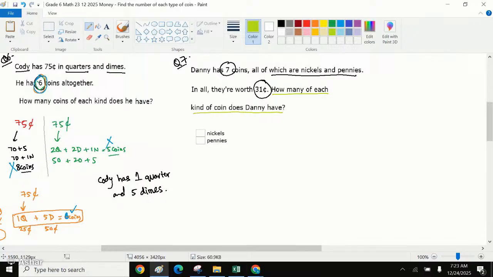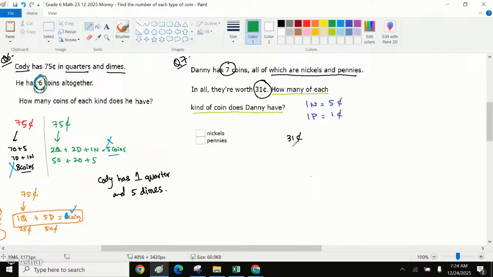So we need to write the number of nickels and pennies over here. We know that 1 nickel is 5 cents and 1 penny is 1 cent, right? So can we break 31 cents into a combination that there would be 7 coins?